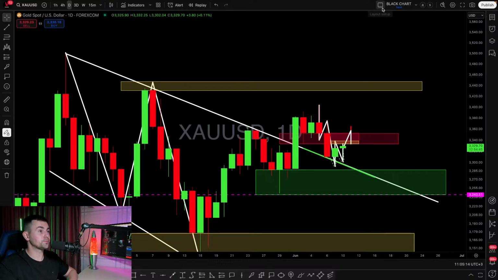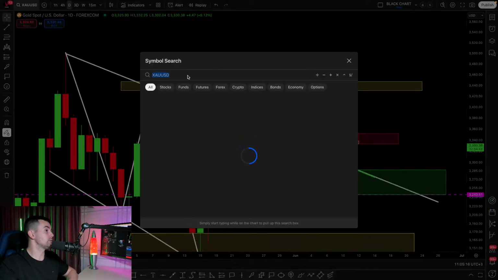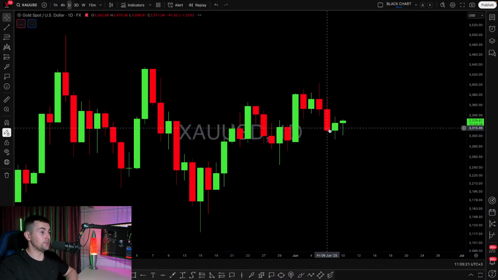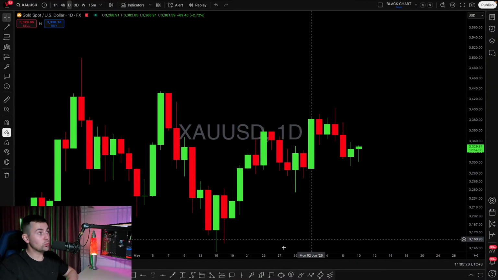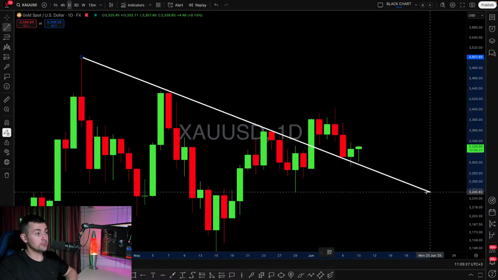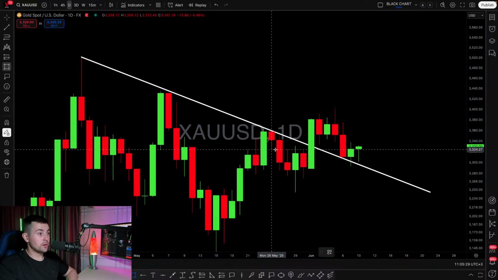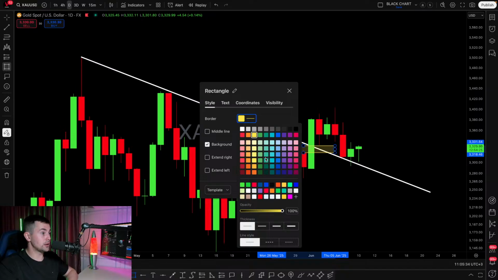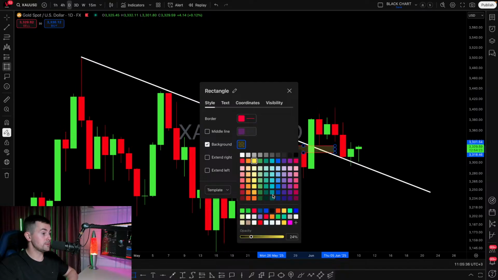Let me just open the naked price chart for you quickly, so you could better understand what I'm trying to say. Look what we got on gold. We got our trend line. We got minor resistance right here. Let me make it red for you so you could better see that.